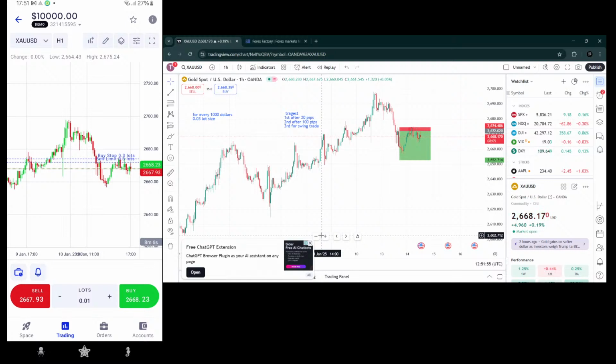Taking an SL is also good, but the problem with SL is whatever you put in the market, if you see on my mobile, my sell limit and buy stop are already open. They knew what I'm going to do. So today, if you see on my full screen on Chrome in TradingView, the market hit 2671.54 and went down to 2667.